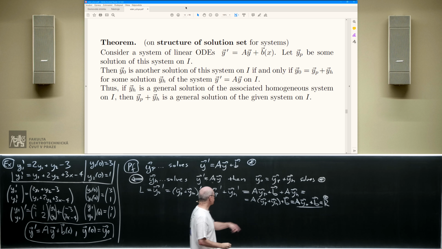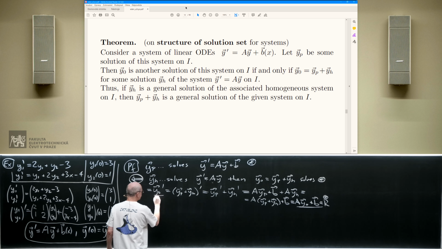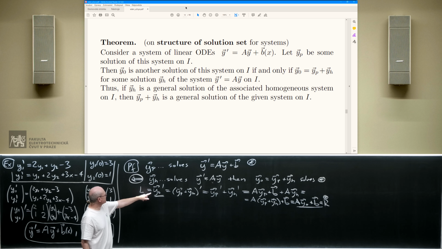So when I look at this expression and this expression, I can see that y naught solves the original system, and I'm happy. Wonderful. I just proved that the formula yp plus yh generates solutions.